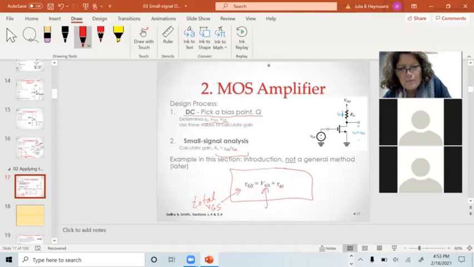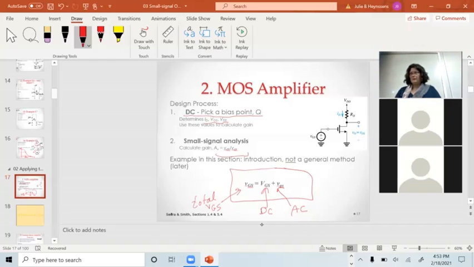It equals big V, big G, big S. This is the DC part. And little v, little g, little s is the AC part. And that's the nomenclature in the Sedra Smith book, and they stick to it pretty closely. I try to, but sometimes, yes.